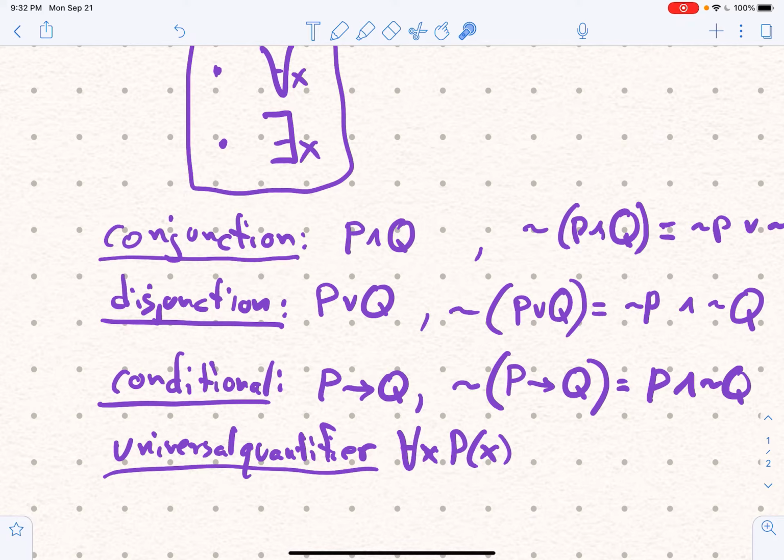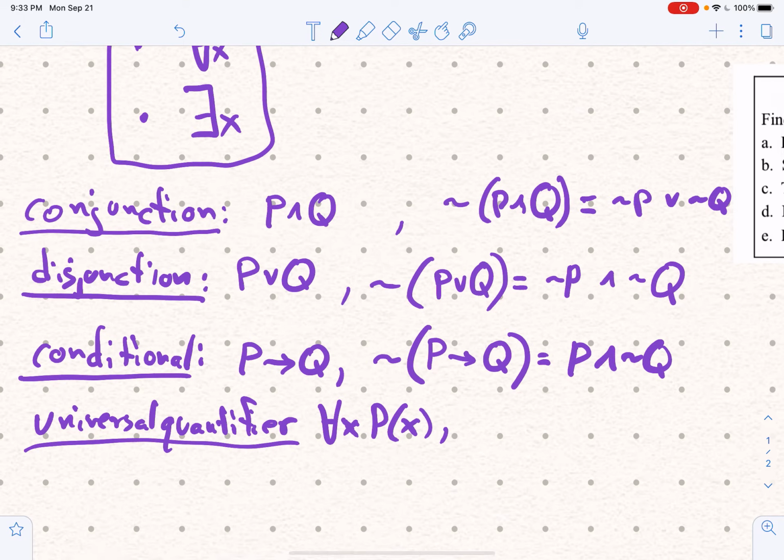We use that variable to say any property involving x. This says that no matter what you choose to put into the variable x, if you plug it in here, this statement comes out true. That's what for all x, P of x means.